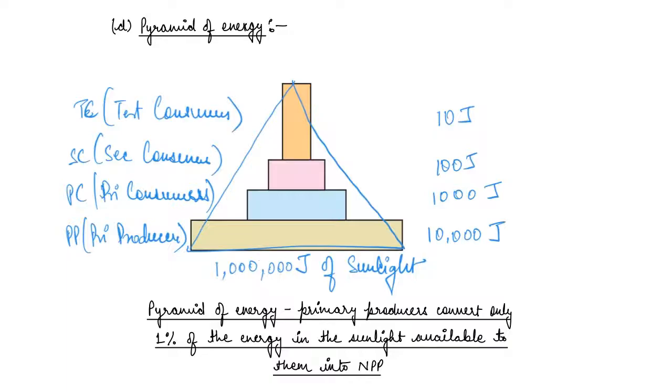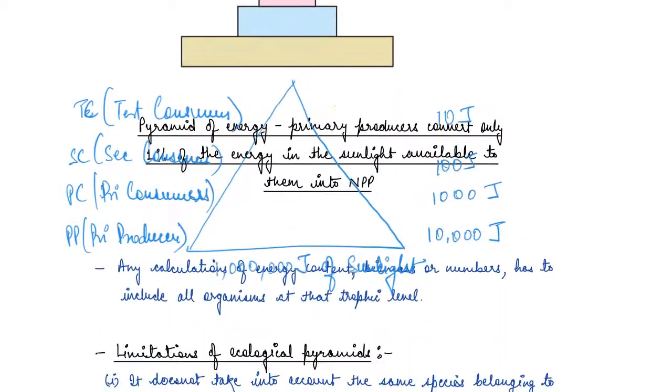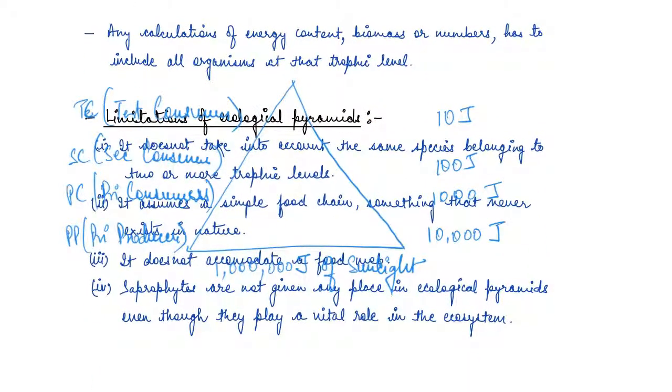Now, again, I'll say this thing that any calculation which we do in terms of energy, biomass, or numbers, they have to include all organisms at that trophic level, right? And guys, in most ecosystems, all the pyramids of number, energy, or biomass are upright, right?